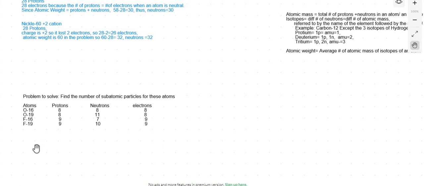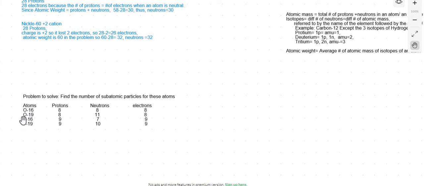So afterwards, after you've solved it, protons, like I said, if you look on the periodic table for oxygen, the number of protons is 8 because that's the atomic number. It's right on top of the elements. So since the number of protons is 8, the number of electrons is also 8.